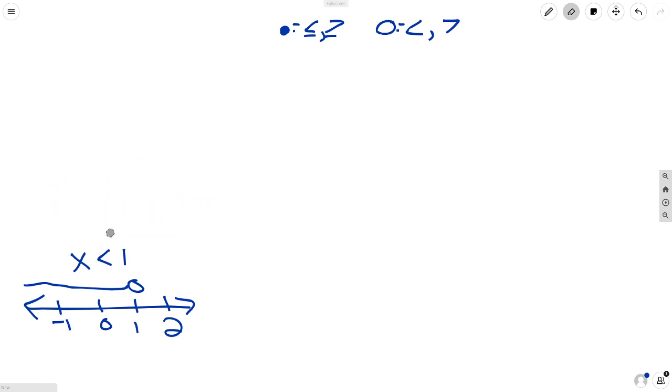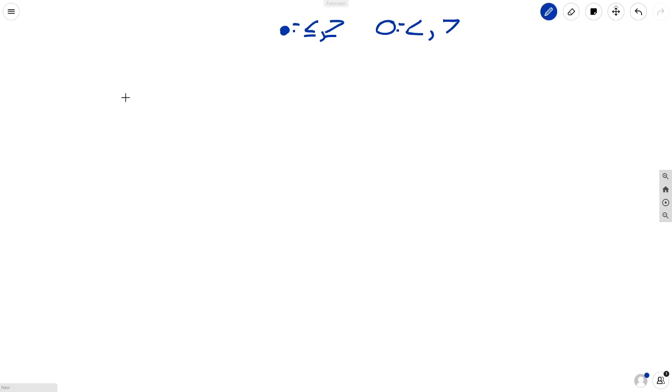Let's get all this out of the way. Alright, so what if we had 2/3 x is less than 12? Remember, when we solve any equation, we want to get x by itself.